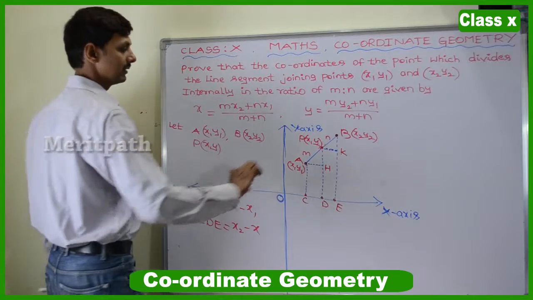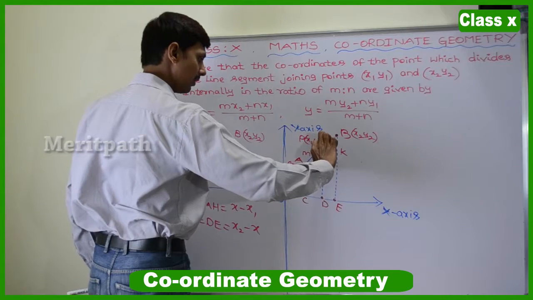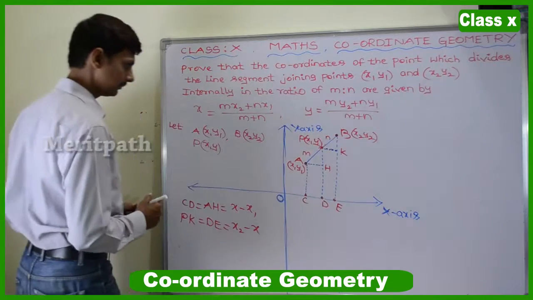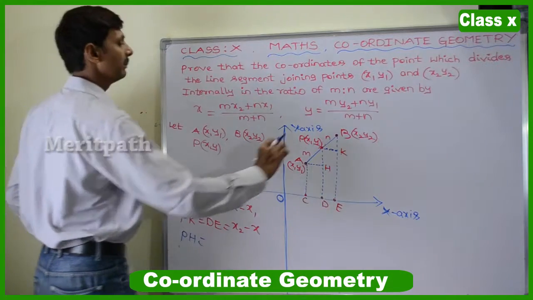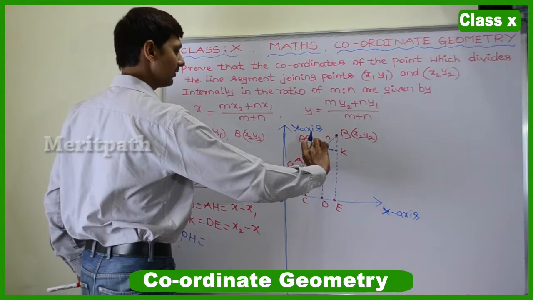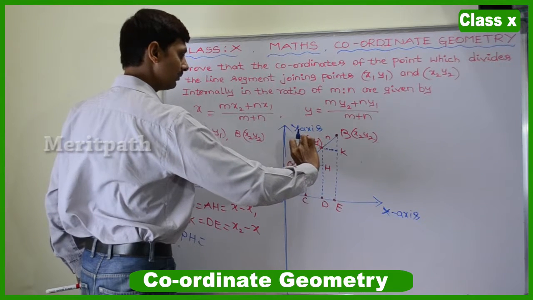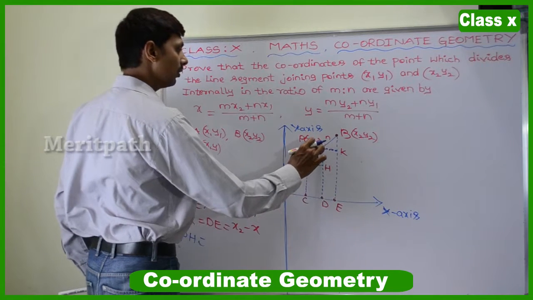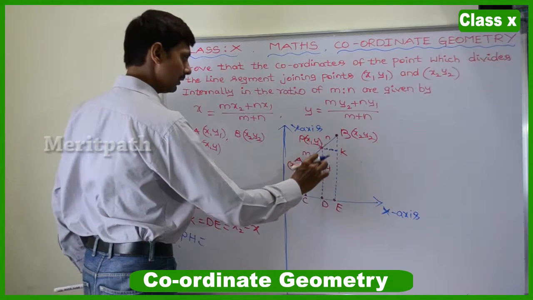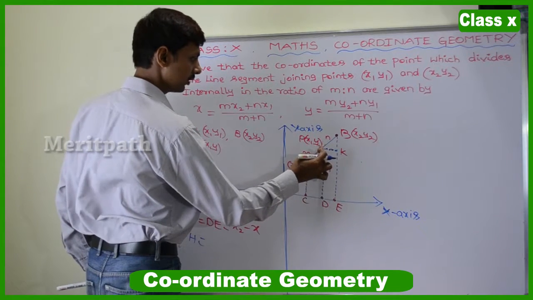Here we can see there is a distance between these 2 points, PH. We know the distance between these 2 points. To find out the distance between these 2 points, we have to take the y coordinate and the y coordinate.